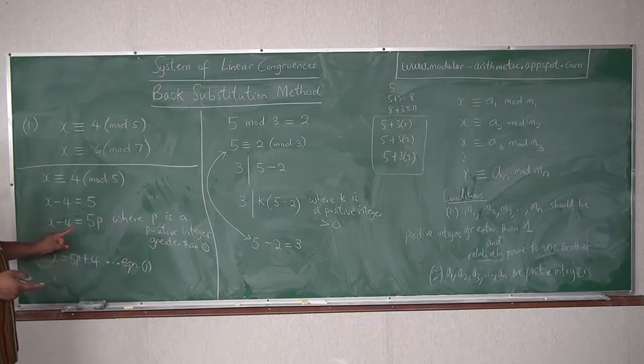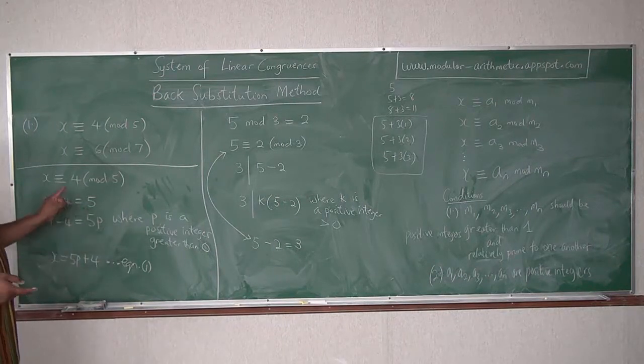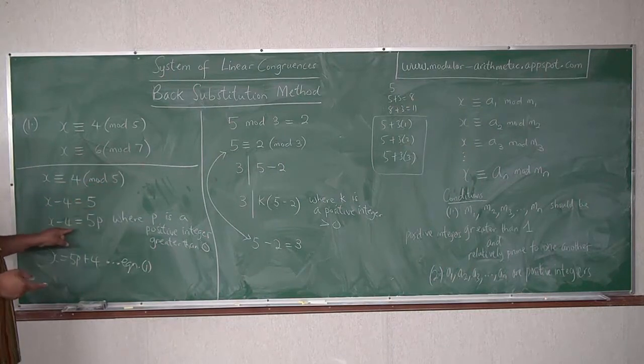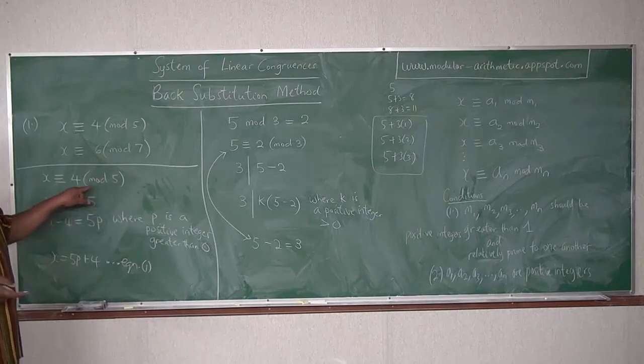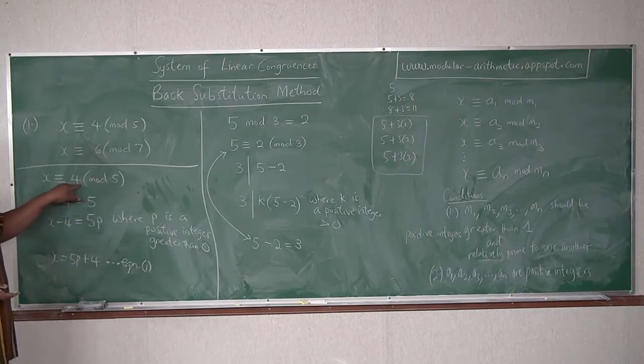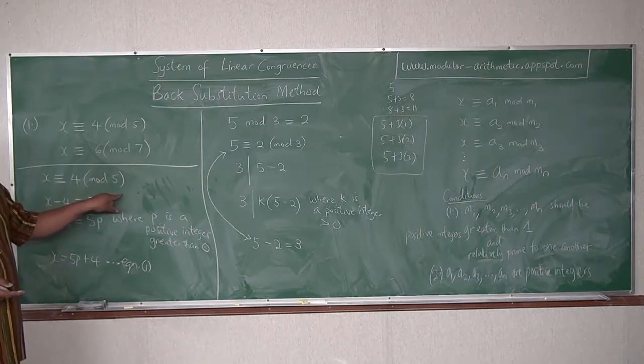If we have p to be 1, then that would be 5 plus 4, 9. 9 is congruent to 4 in mod 5. If we have p to be 2, 5 times 2 is 10, 10 plus 4 is 14. 14 is congruent to 4 in mod 5.